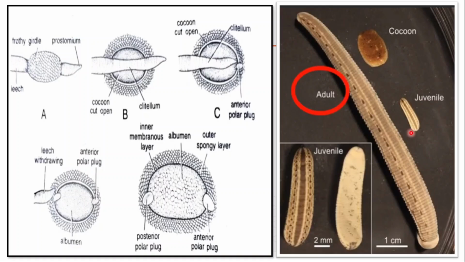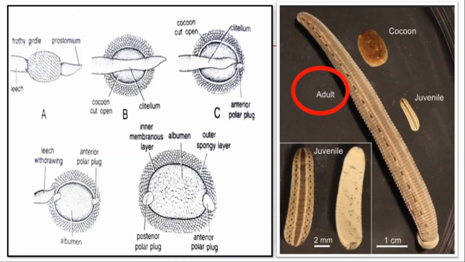Directly the juvenile emerges out from the cocoon after 15 days of incubation period from the polar plugs. The anterior and posterior polar plugs drop off, and after that the juvenile emerges. The juvenile then develops into the adult cattle leech. The size of juvenile is 2 millimeter and the adult is 1 centimeter or more.